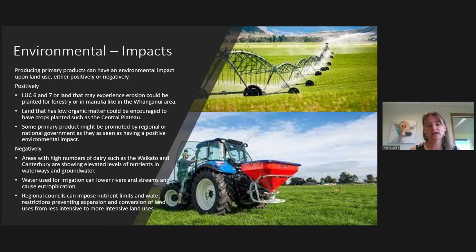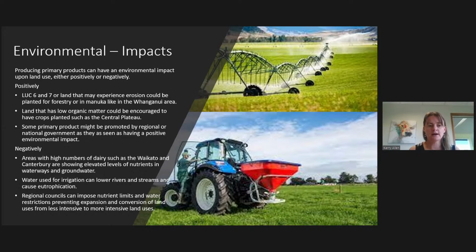So these can be used for those products and are still providing an income. However, some land doesn't have very much organic matter, and you need to encourage the crops to grow on them, such as the Central Plateau with a very thin organic layer of topsoil because of its extensive volcanic activity.